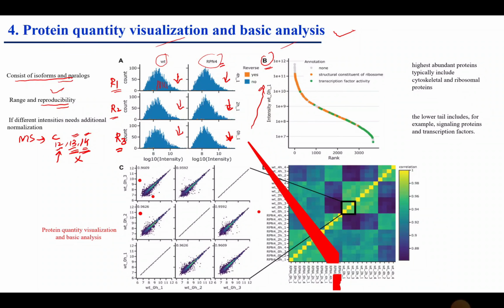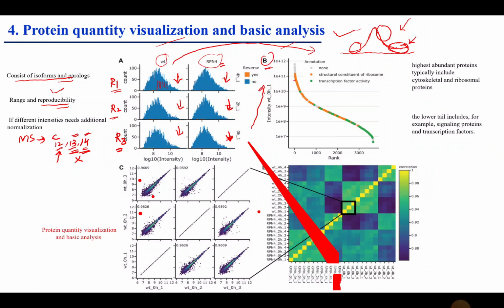After we have applied the additional normalization, we can transform these peaks into different rank plots. Let's suppose this wild type peak, how will we change it into a rank plot? It is important to note which types of relatively abundant proteins should typically be included in our main data analysis. So if we transform these proteins in the form of this, first we should note what types of proteins are normally found here, and what types are normally found here.